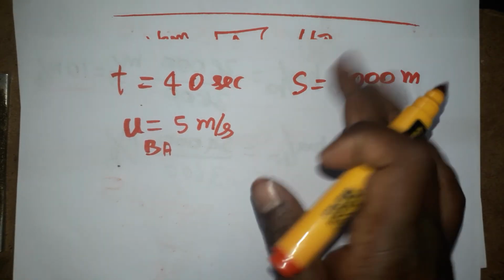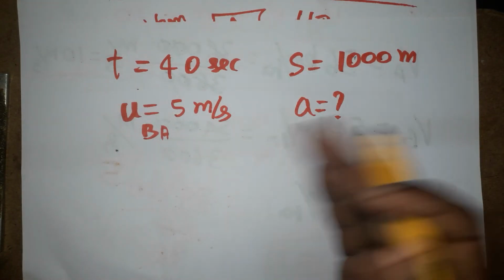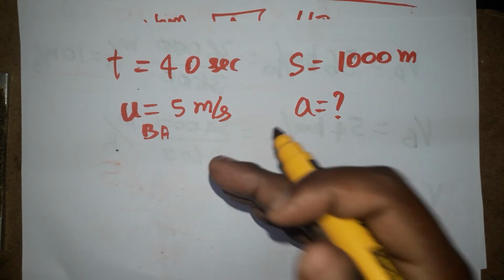So I know everything, and I want the acceleration B should have to overtake A without an accident.